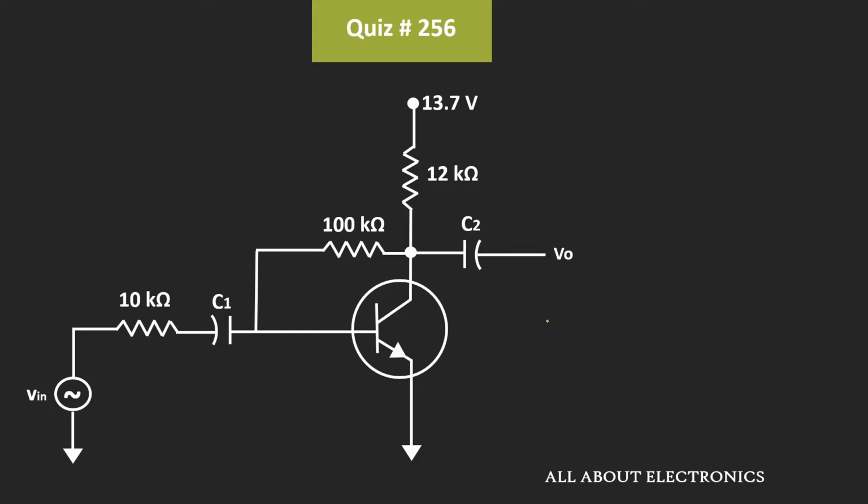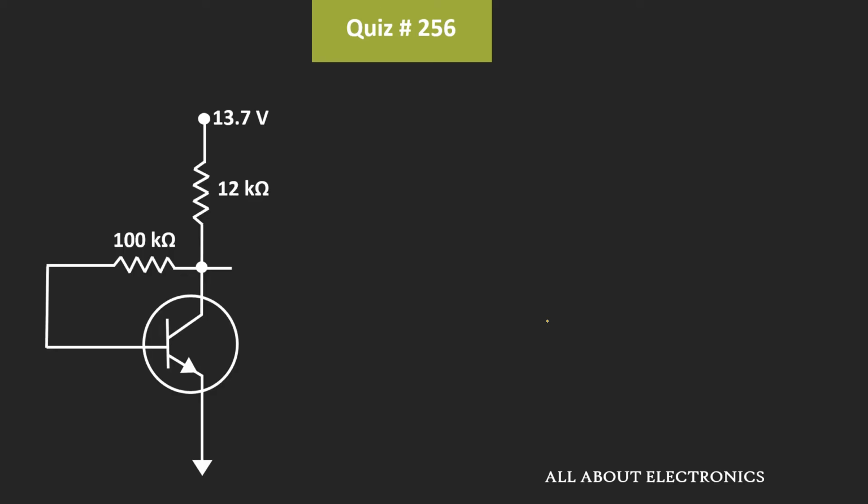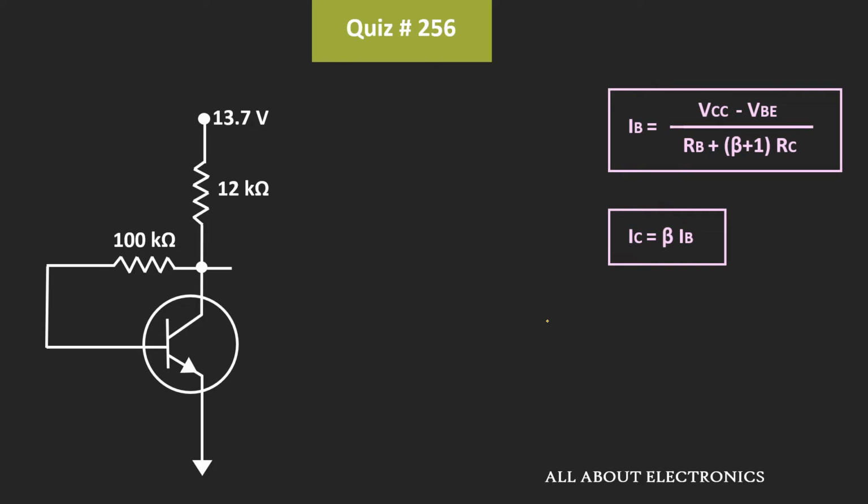For the DC analysis, this AC input signal can be assumed as 0 and these coupling capacitors will act as an open circuit. So if we see the equivalent circuit, it will look like this. For the collector feedback bias, the base current and the collector current can be given by the following expressions. First, let us find the base current.